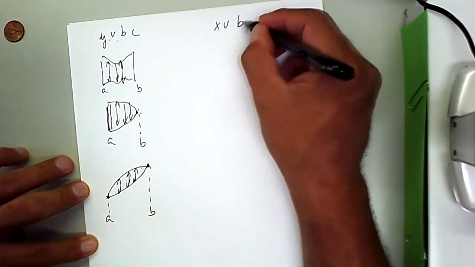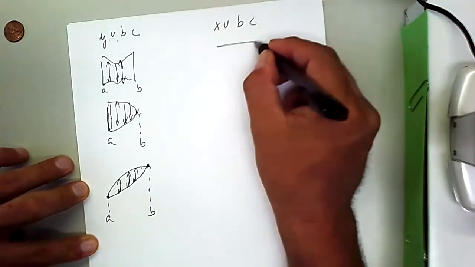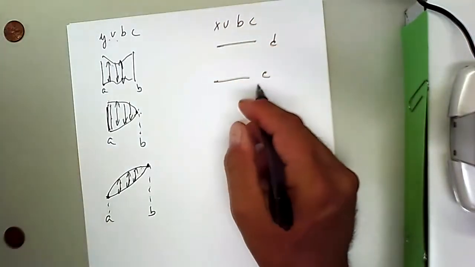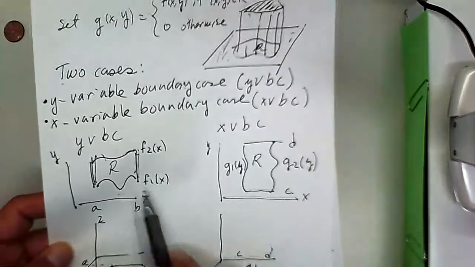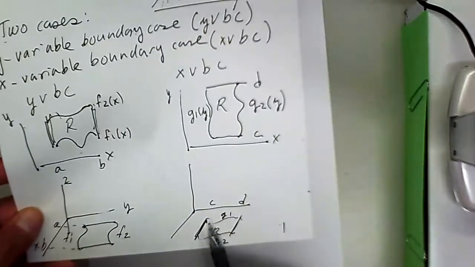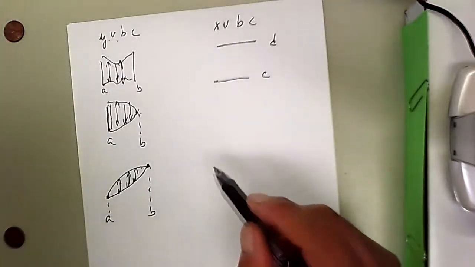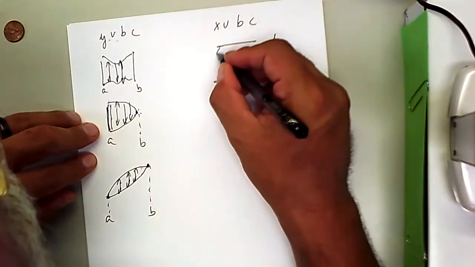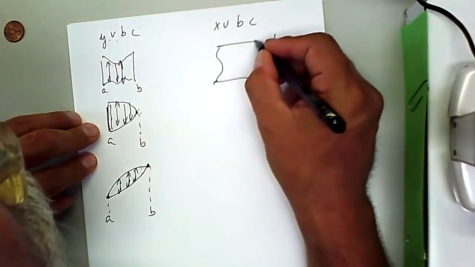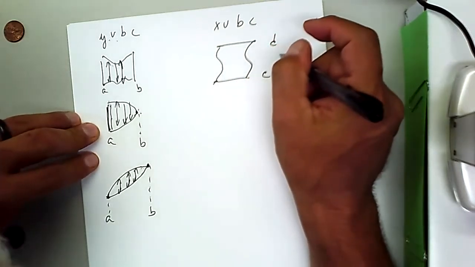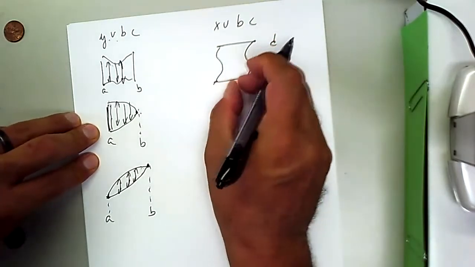x variable boundary case. Again, we go from C to D, assuming that we are looking at the picture from the top, not a three-dimensional picture, because again, that changes things around. Then we have some kind of curve here, not necessarily the same curve, but something else. But one of those could be a point.